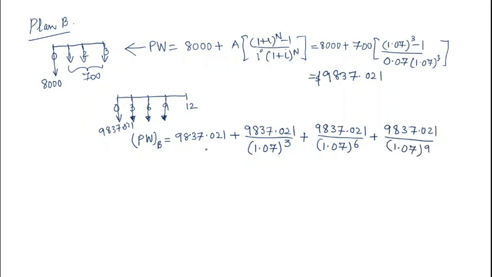So this will be the present worth of plan B when we are using the repeatability assumption and extending the life of this up to 12 years. If I compute this, it comes out to be $29772. This is the present worth of plan B.